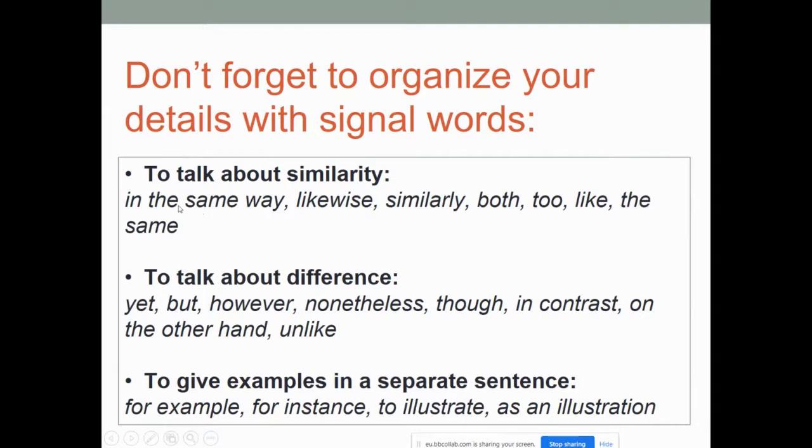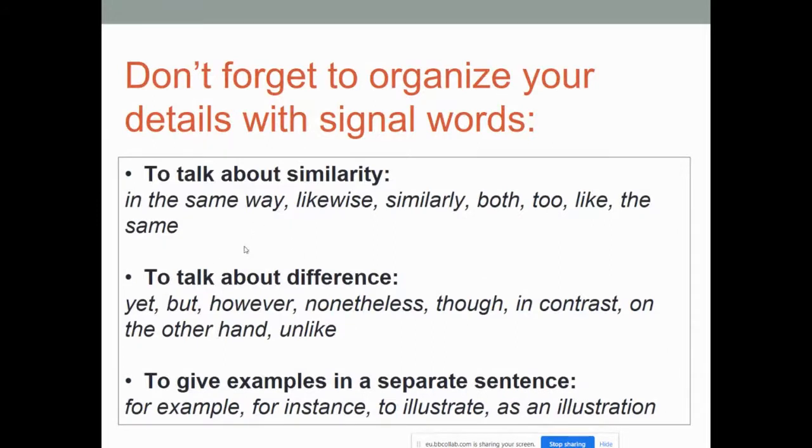So you can use these words: in the same way, likewise, similarly, both, too, like, the same. So these are some signal words which you can use to mention similarity, same thing.